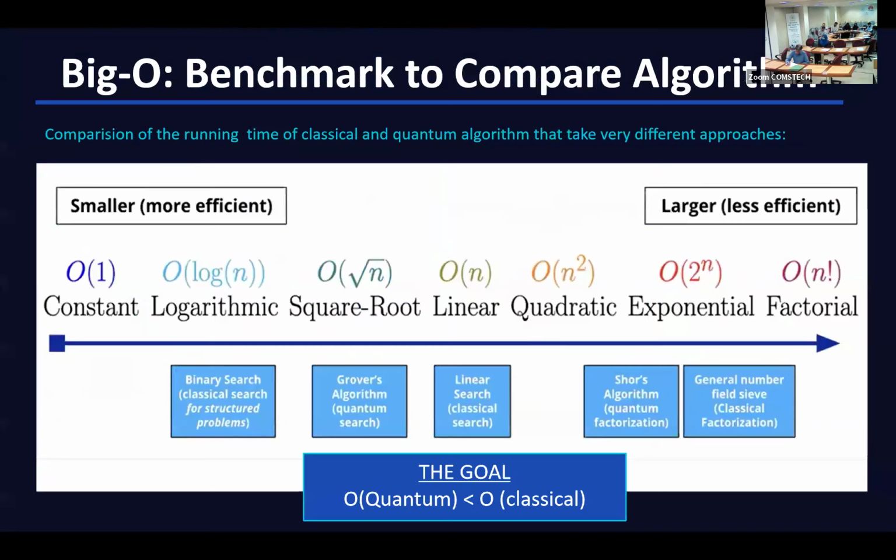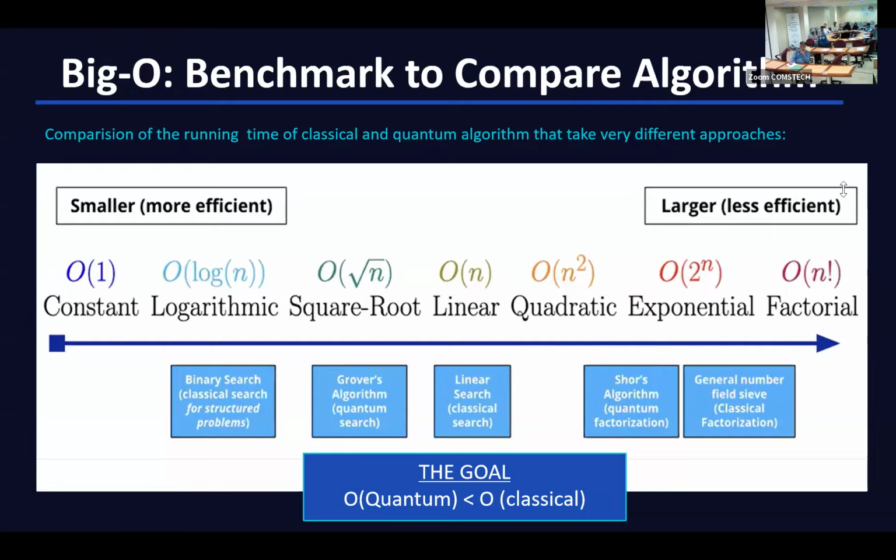Okay. So the next question is, how are we going to judge whether a classical algorithm is efficient or a quantum algorithm is efficient? For that, there is the big O notation, like we can see over here, which is basically a comparison of the running time of classical and quantum algorithms. They take very different approaches.